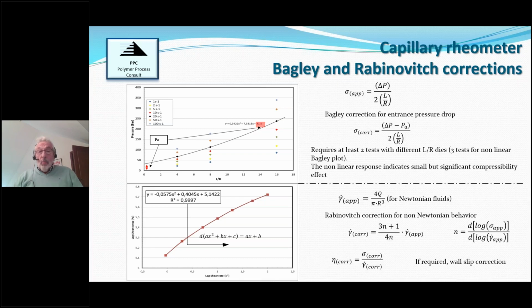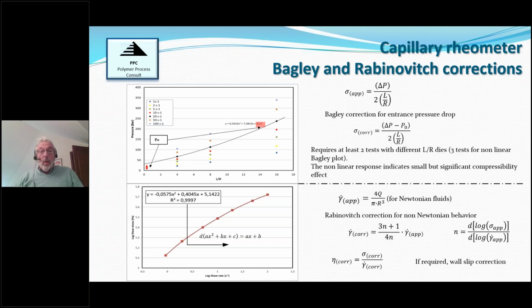This normally requires 3 tests, or at least 2 tests with different L/R dies, or 3 tests if we want to look for a non-linear Bagley plot. In this case, if we extrapolate to 0 L/R, we measure P0. This nonlinear response indicates a small but significant compressibility effect.